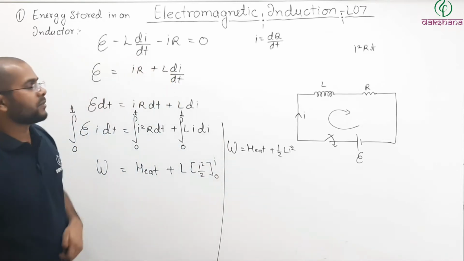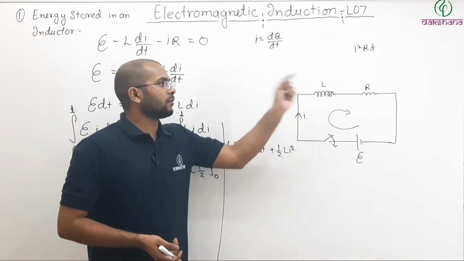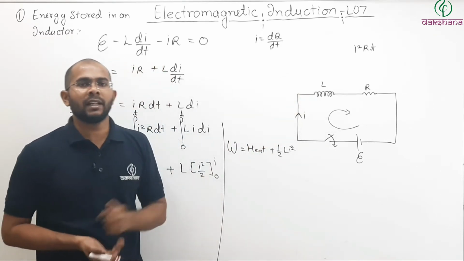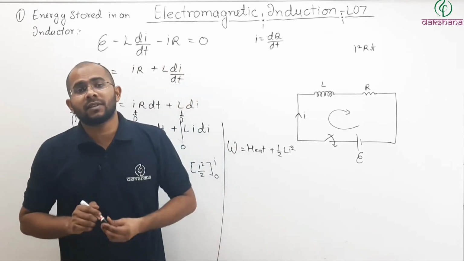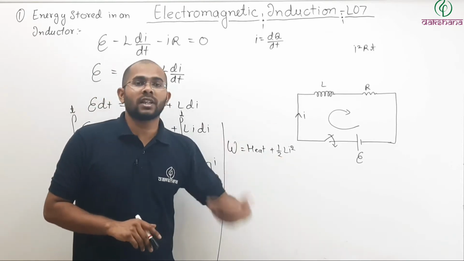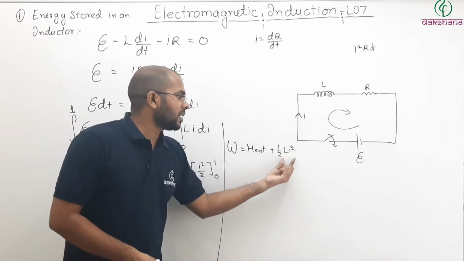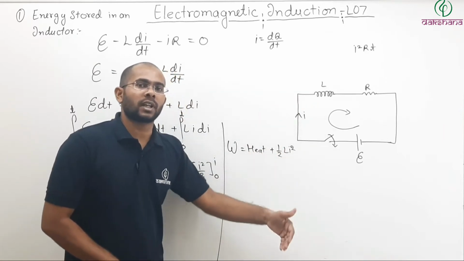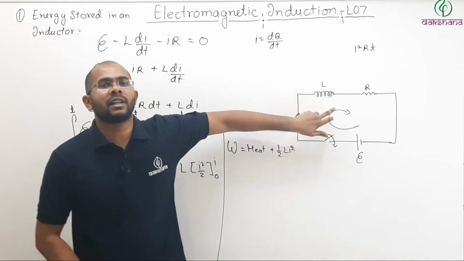Now in which form is this energy stored? So remember, whenever there is a current flowing through your inductor or solenoid, there is a magnetic field generated. And as is the case with electric field, where you must have studied that electric field energy is stored in capacitors, here this energy is stored in the form of magnetic field inside your inductor.